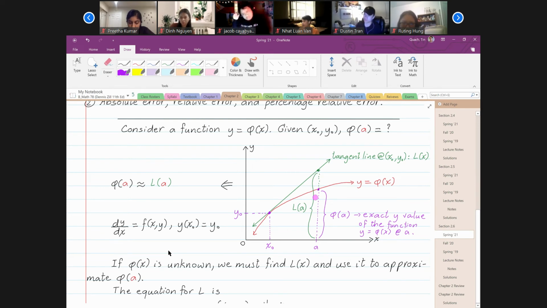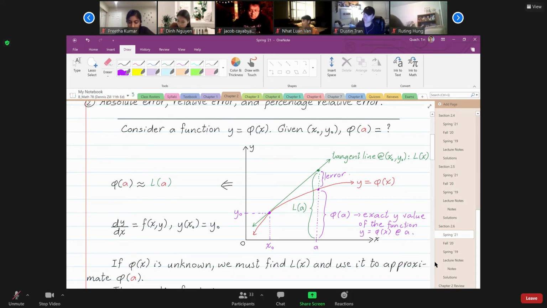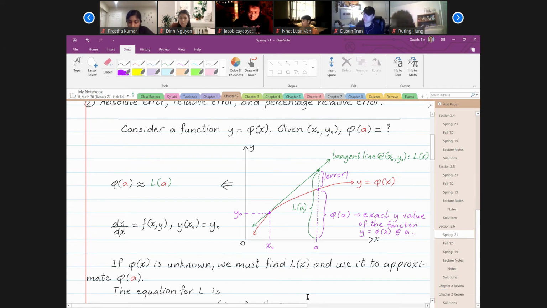L of a minus phi of a. Which is this piece right here, right? Yes. Okay. So that is the error. And usually when we talk about error, we talk about a positive value, so we use absolute value around it. Because to find the error, you take the actual value minus the approximate value.